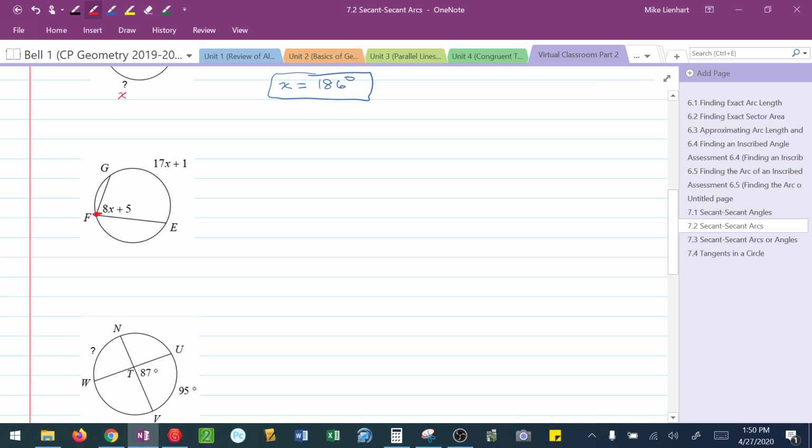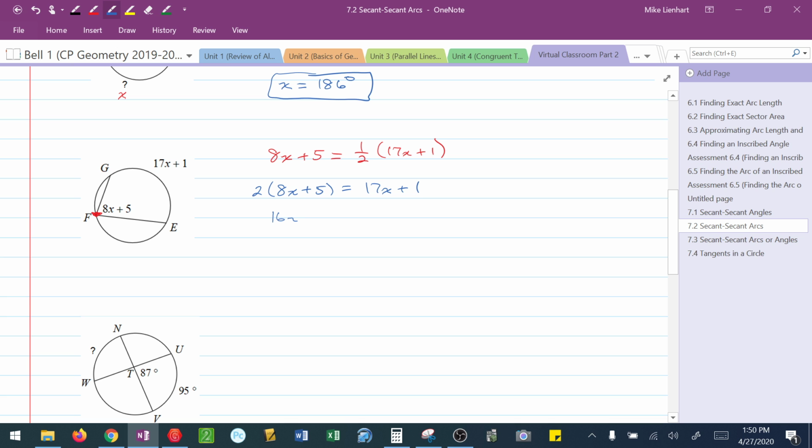Let's take a look here. Secant, vertex is on. If it's on, the angle equals half the arc. I don't like that. I'm going to change it to 2 times 8x plus 5 equals 17x plus 1.